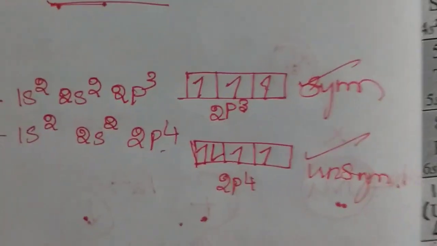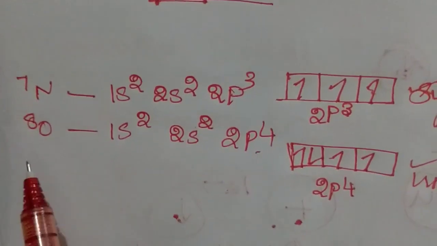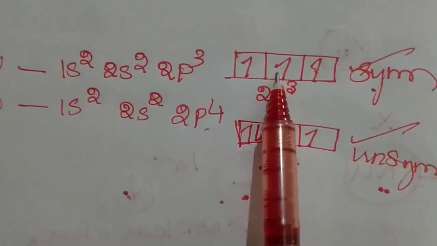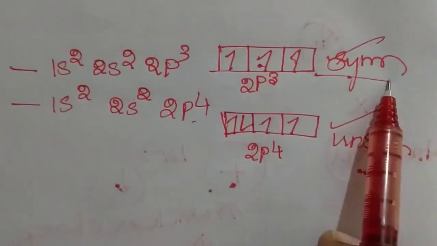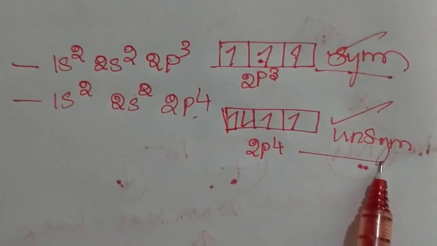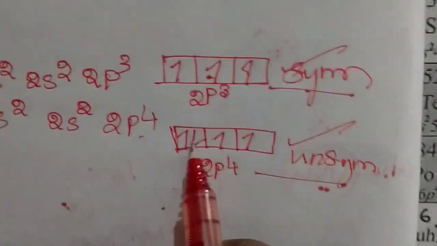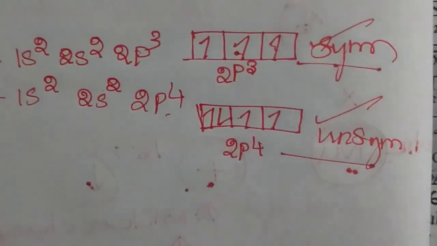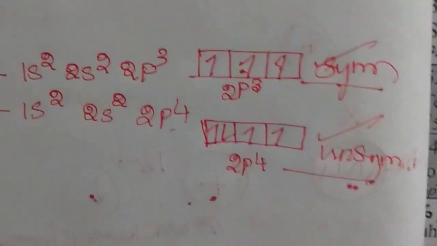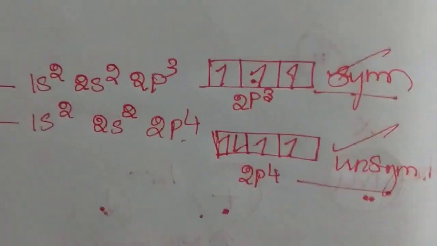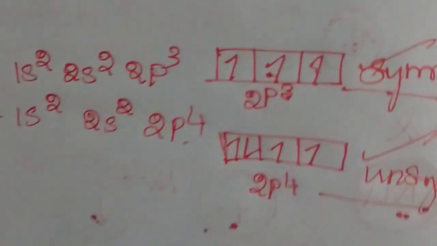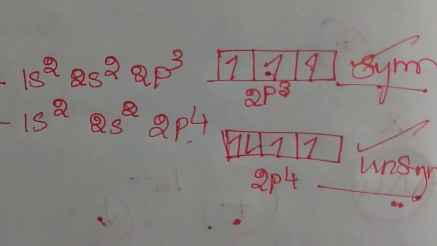So we have an exception in nitrogen and oxygen because of the symmetrical distribution of electrons in the orbitals. So this is more stable than oxygen. Okay, so more stable means it needs more energy. A stable electron is difficult to remove, it requires more energy to remove the electrons.